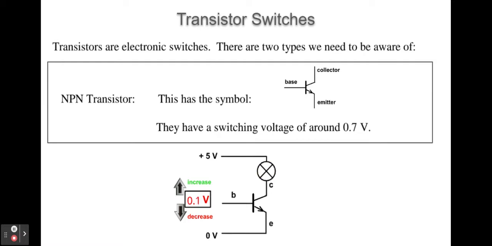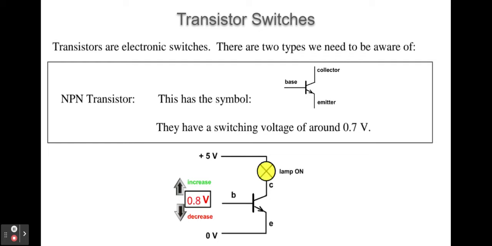there are three legs to our NPN transistor. The collector, which is at the top, the base, which sticks out the middle, and the emitter at the bottom. Now, it's controlled by the voltage between the base and the emitter, the potential difference between the base and the emitter.